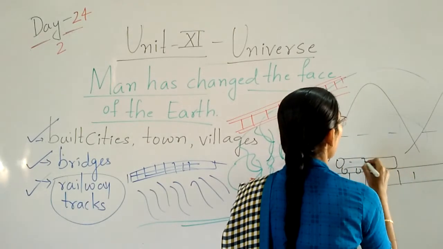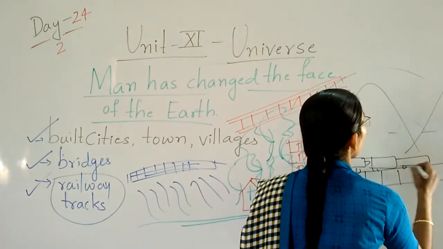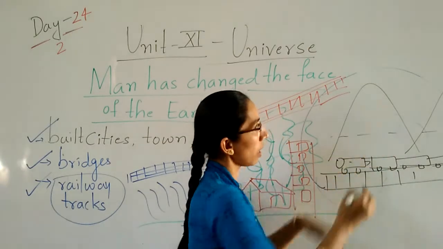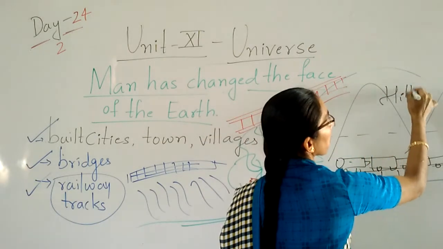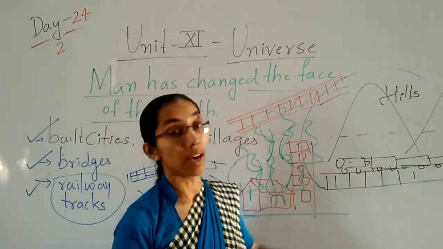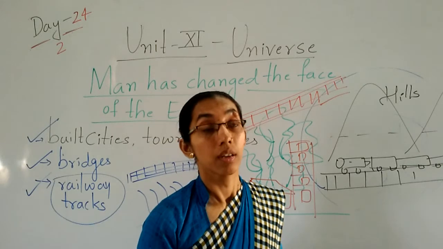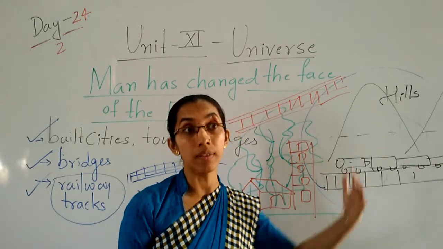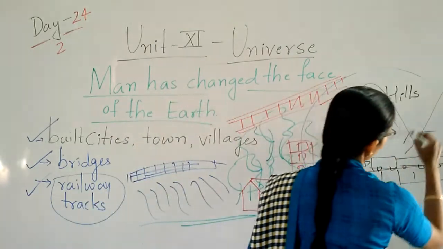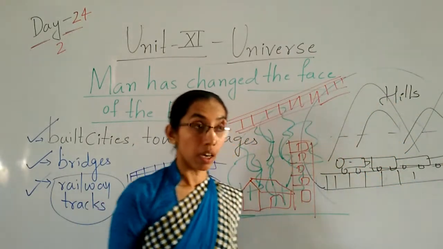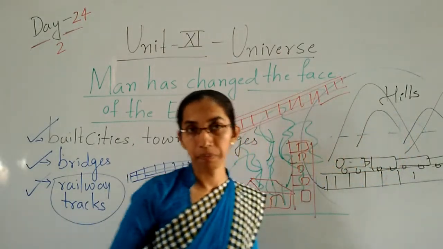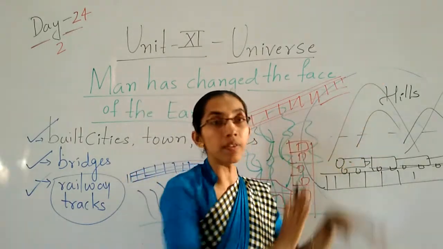Clear, children? Now here you can see, to move the railway, he flattened the hills. When you are traveling in a train, many times you can see a forest on one side and small hills on the other side, and in the middle the train is moving.